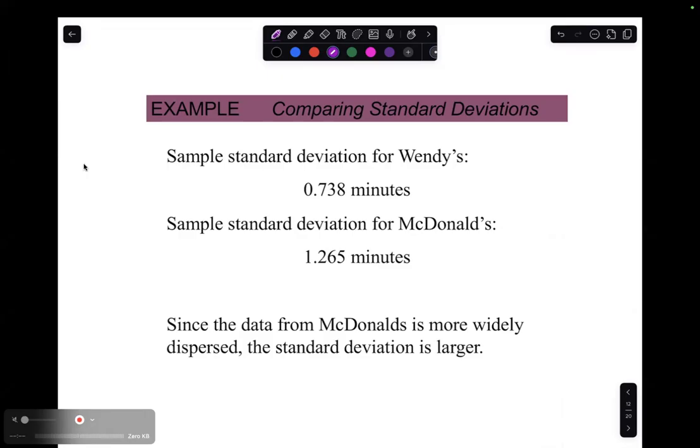This does not give us any idea of who's faster or who's better, just who's more consistent, who has a smaller window between their largest and their smallest, a smaller average distance from the mean. So if you're looking for consistency, Wendy's is your best bet here. So that's what that means as far as standard deviations go.